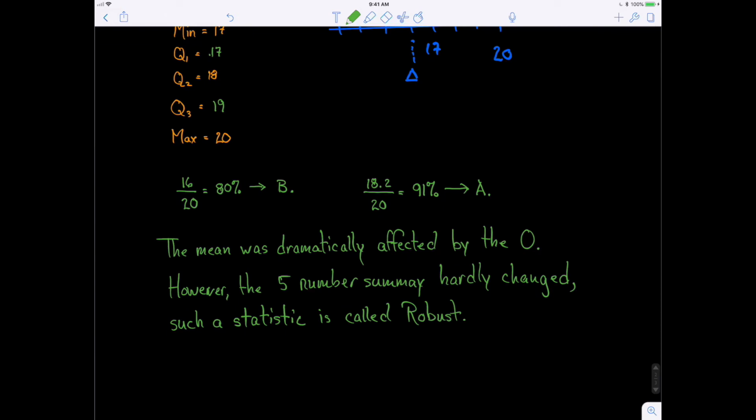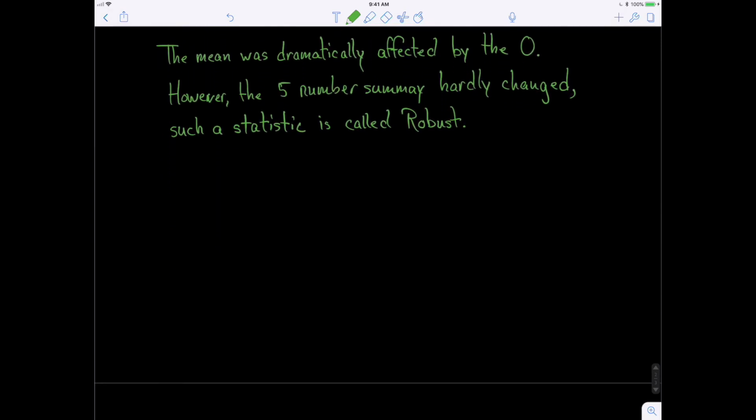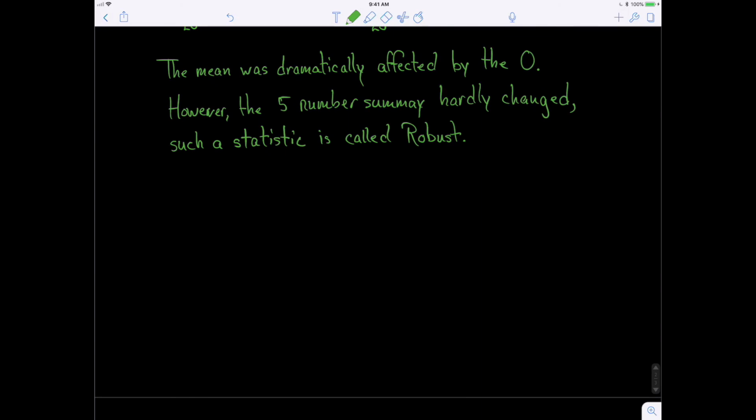And let's do this now. Here's how we actually calculate to formally find an outlier. So let's do this. Our general rule is upper outliers are any values that are greater than Q3 plus 1.5 times the interquartile range.